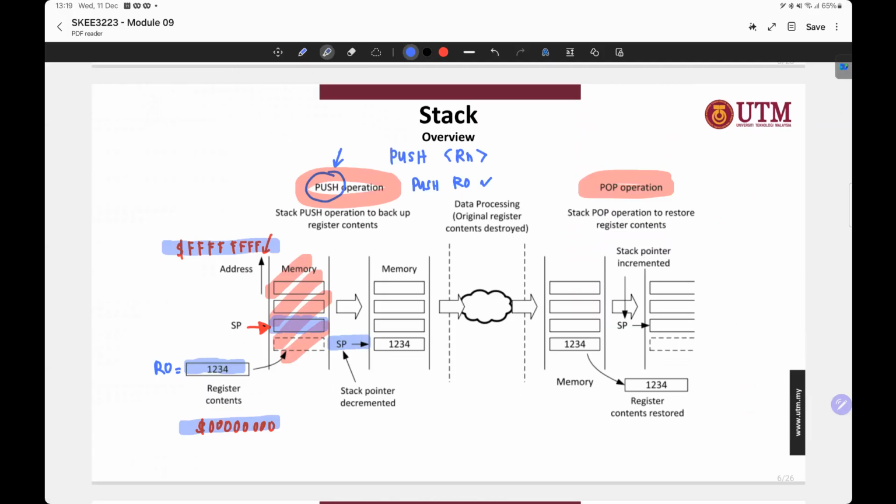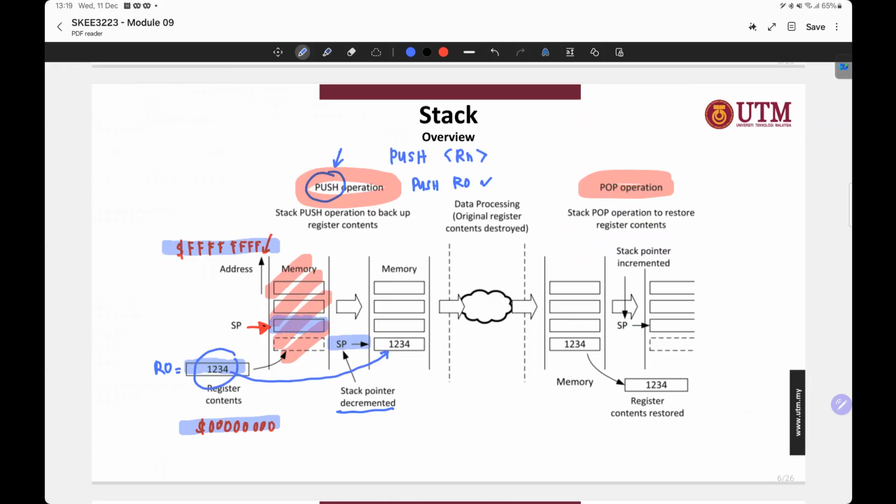After that, you store the value from R0. After the stack pointer is decremented, the 1, 2, 3, 4 is stored in this location. So this is what happens every time you do a push operation.